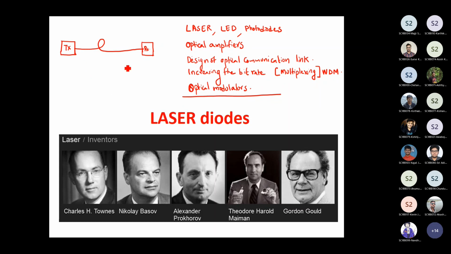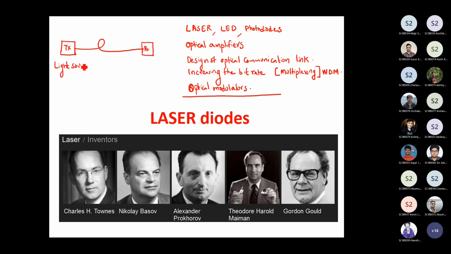So now to complete the entire communication link, it's not just the optical fiber. You also need to have some devices. For example, the signal traveling inside an optical fiber is actually launched by the optical transmitter, and this transmitter is nothing but an optical light source.